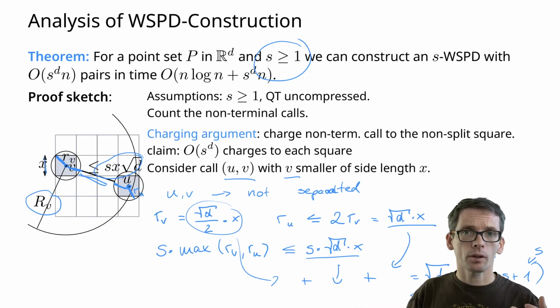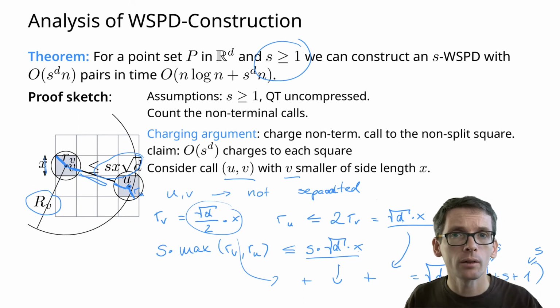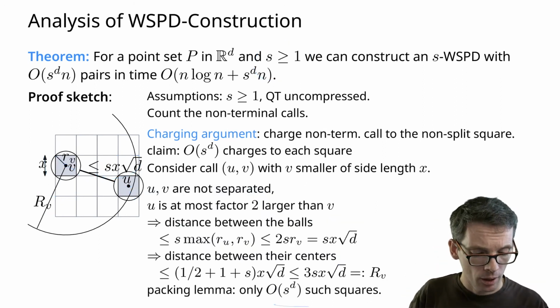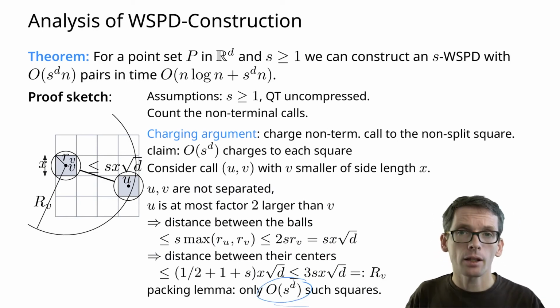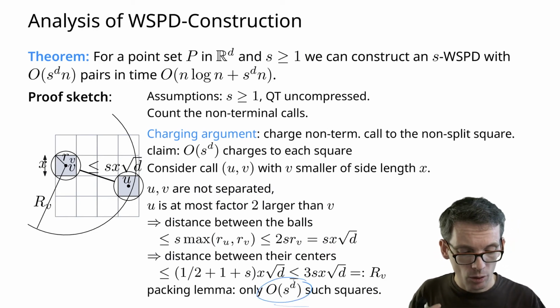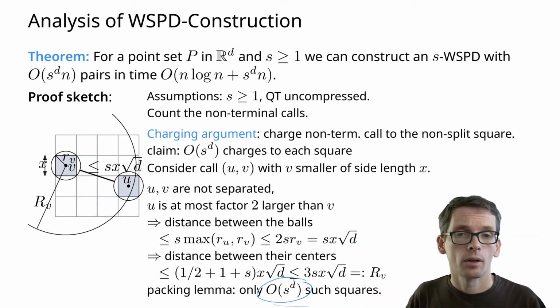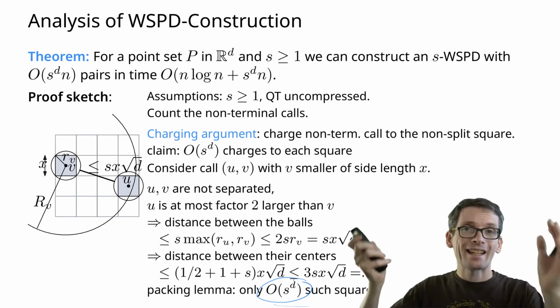And the argument that we're using here, I will go into a little bit more detail on the next slide, is simply a packing argument, which will tell us that there can be at most S to the D squares within that disk, or in high dimensions within that ball.